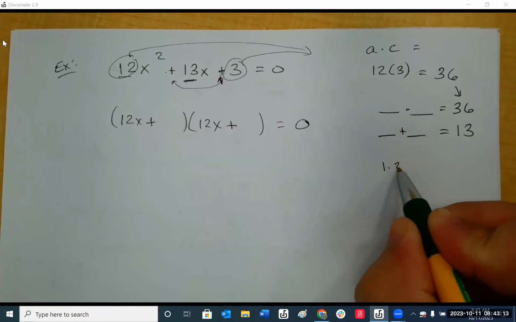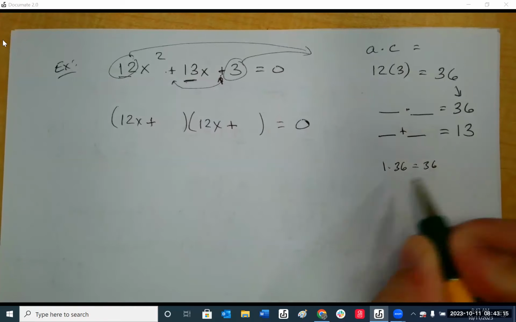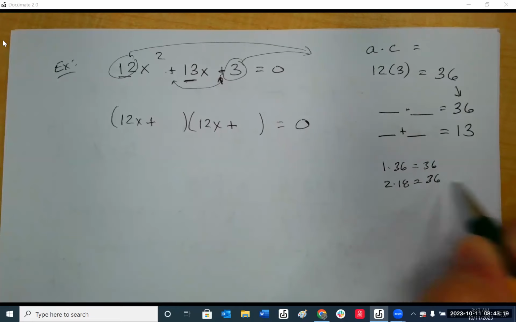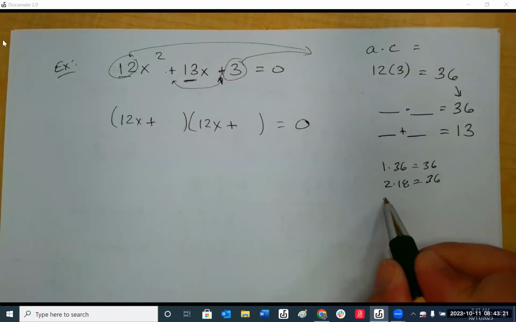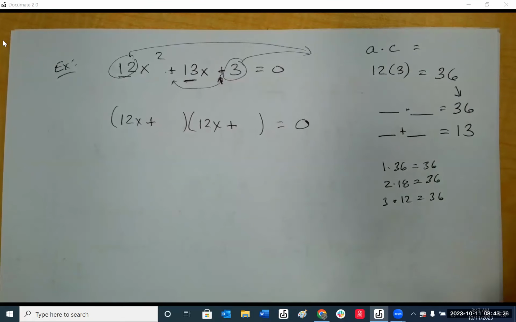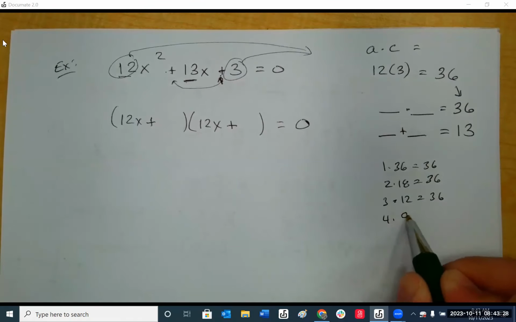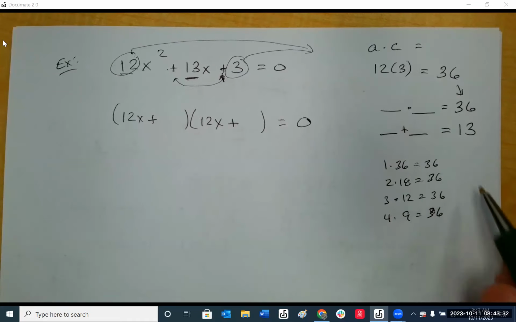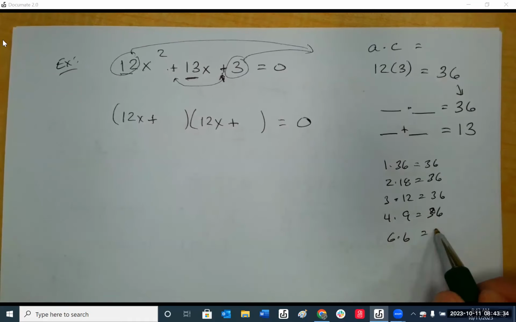We know 1 times 36. Since it's an even, 2 times 18. 3 times 12. 4 times 9. 6 times 6.